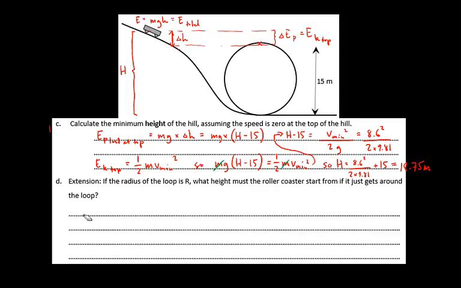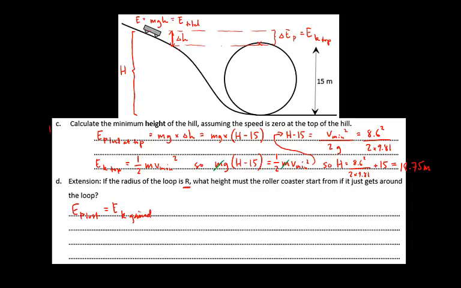Okay, this last question just asks us to do the same thing, but symbolically. So we're not given r this time. We were given 15 before, which was 2r. In this case, we're going to have to work with just symbols. So again, we're going to start with EP lost is equal to EK gained at the top.